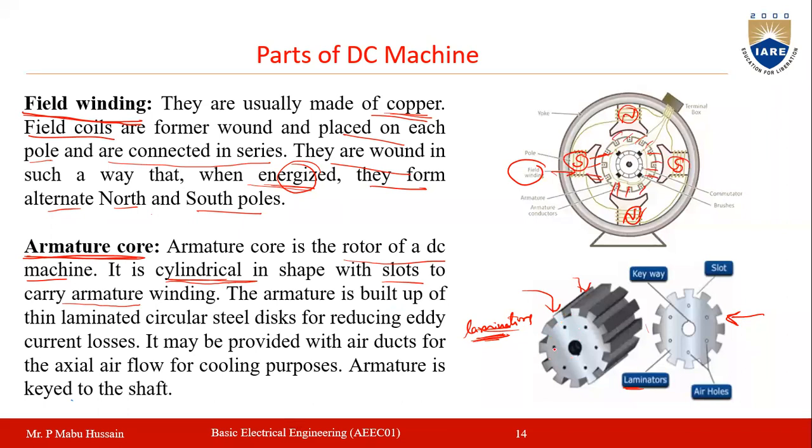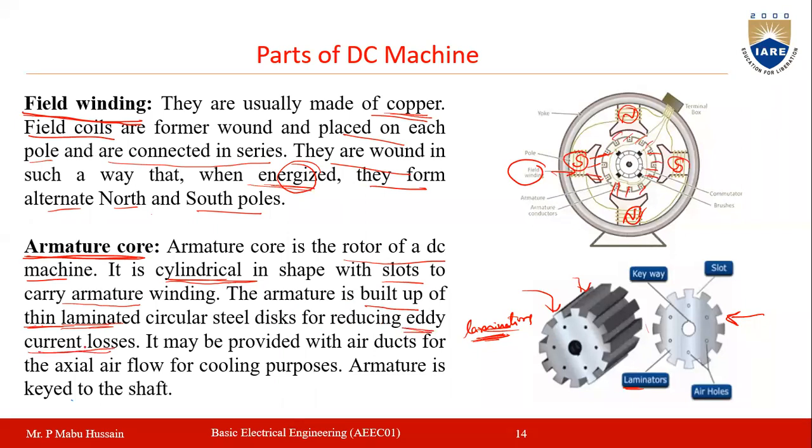Generally steel material is used for the manufacturing of this armature core. And as I already told, it is built up of thin laminations, and these thin laminations will reduce the eddy currents.